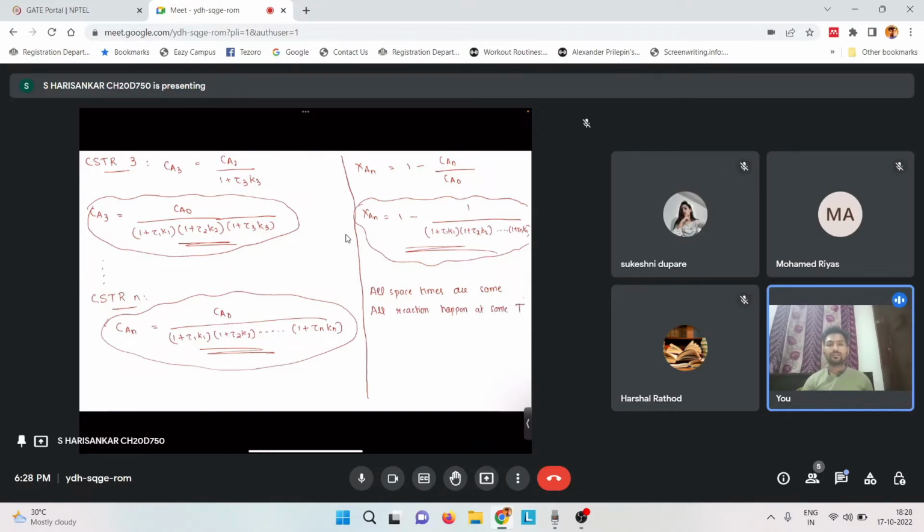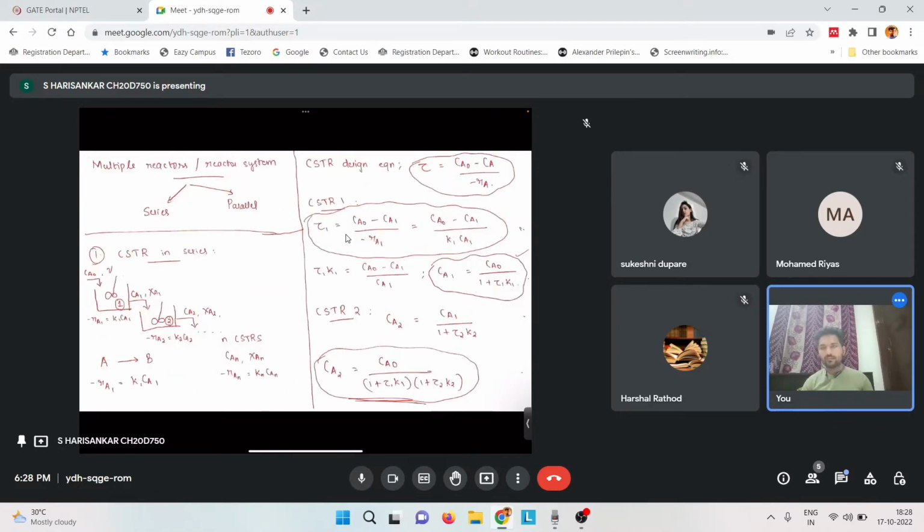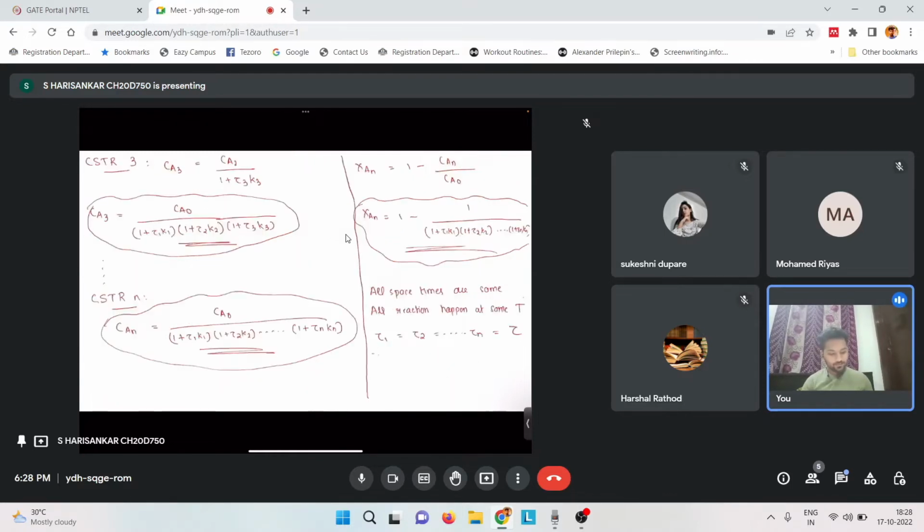When all the space times are the same, that means tau 1 is equal to tau 2 is equal to the rest, and let's just take a general space time as tau. And the reaction happening in CSTR1 is the same as the reaction happening in CSTR2. So basically, minus Ra1 is equal to minus Ra2 is equal to etc. till minus Ran, and let's take the general term as minus Ra.